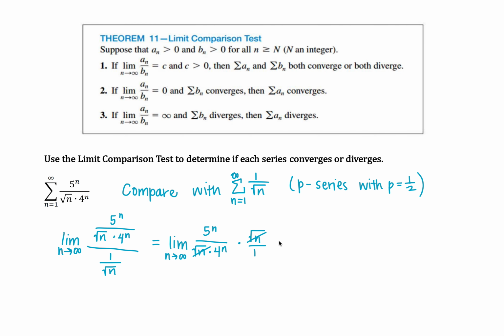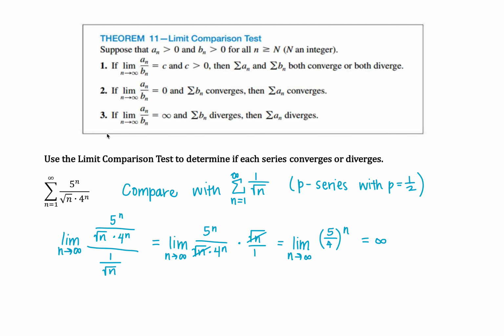What you're left with is the limit as n approaches infinity, and I'm going to rewrite 5 to the n over 4 to the n as 5/4 to the n power. As n approaches infinity, because 5/4 is greater than 1, basically we've got a geometric series here with r greater than 1, so this is just going to keep getting bigger and bigger and go to infinity.